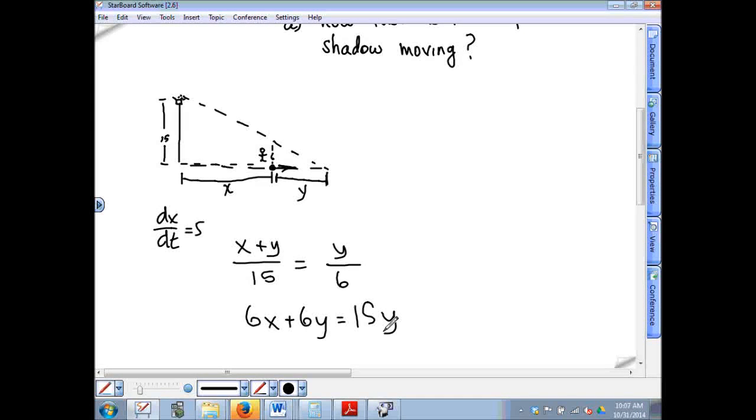But think back to what we've done at this point with all the other related rates problems. We took a derivative with respect to time.